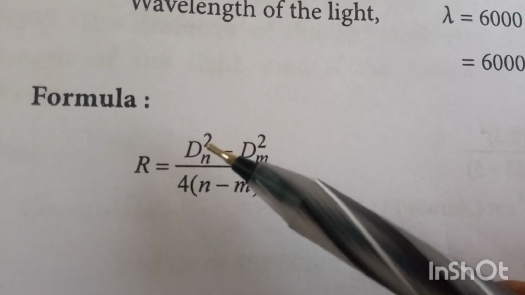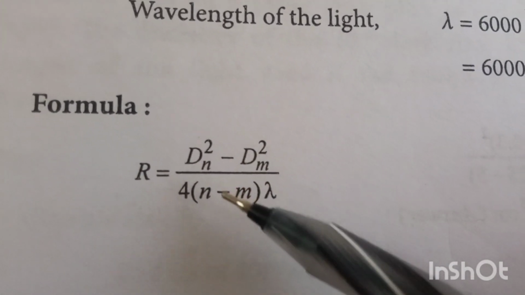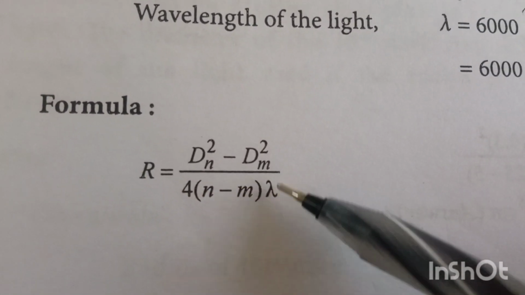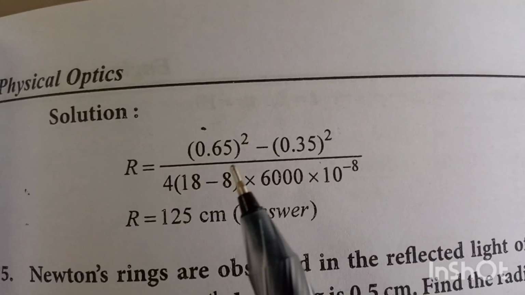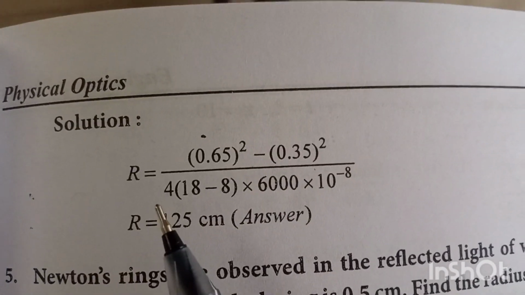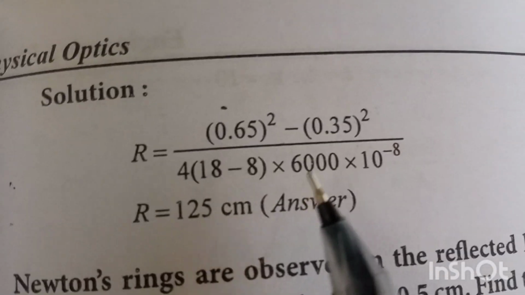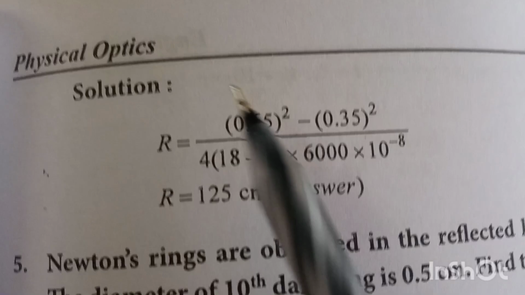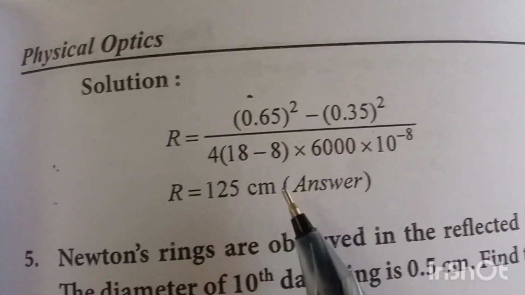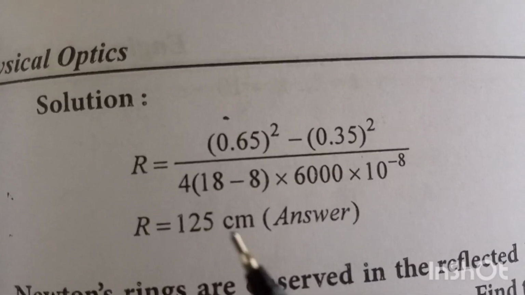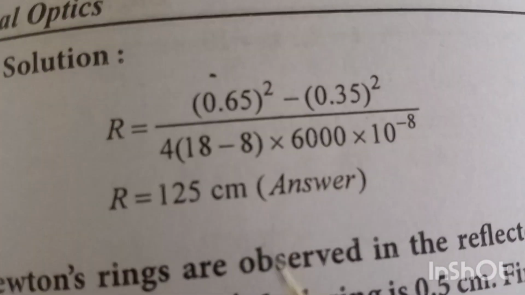That is 0.65 whole square minus 0.35 whole square by 4 into (18 minus 8) into 6000 into 10 power minus 8. If you simplify that, finally you will get R equal to 125 centimeter. So this is the answer, the radius of curvature of the plano convex lens.